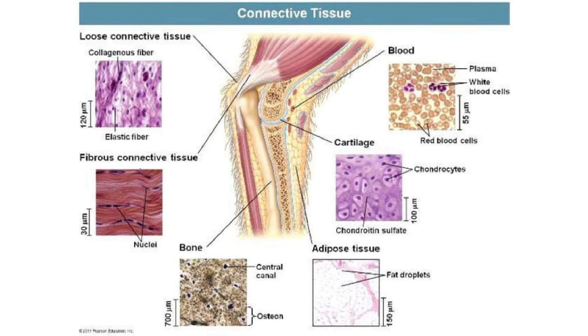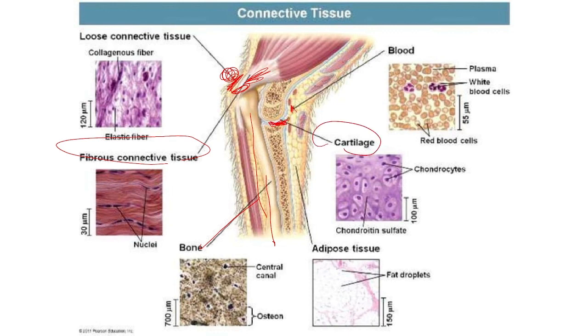Okay, here you can see this is loose connective tissue. Here this is a bone, and it's a joint. Here we can see loose connective tissue. This is bone, that also is one type of connective tissue. Here you can see fibrous connective tissue. Here you can see cartilages, that also are connective tissue.